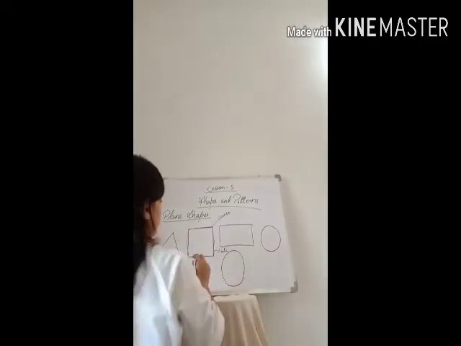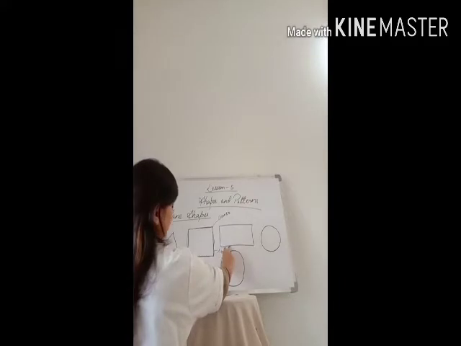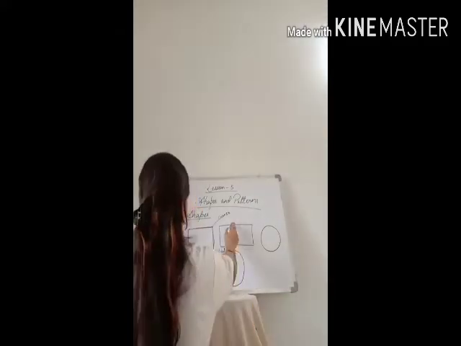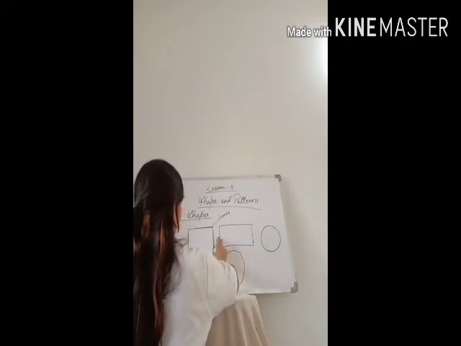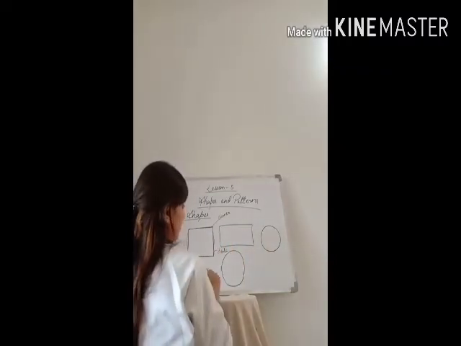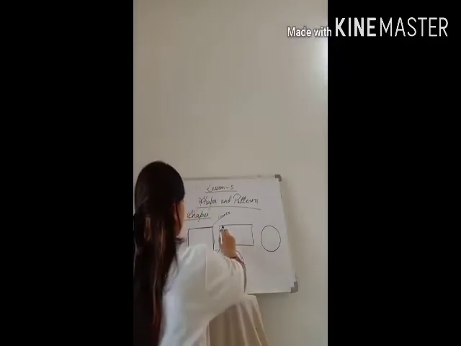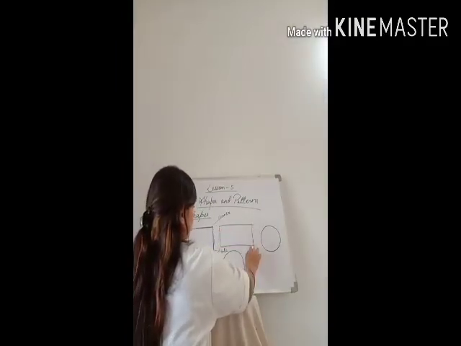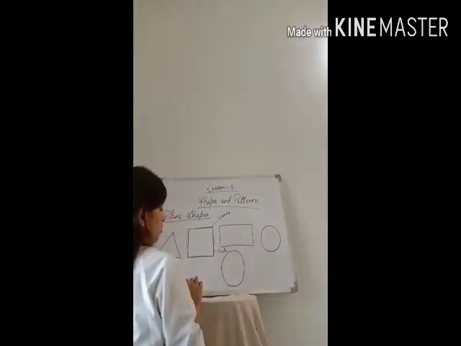Okay? Next is rectangle. A rectangle also has four sides: 1, 2, 3, 4. And it also has four corners: 1, 2, 3, 4.